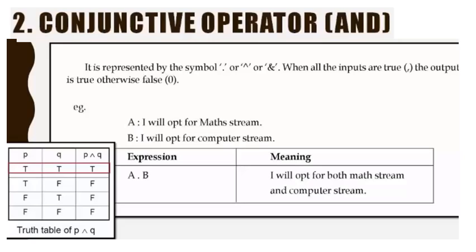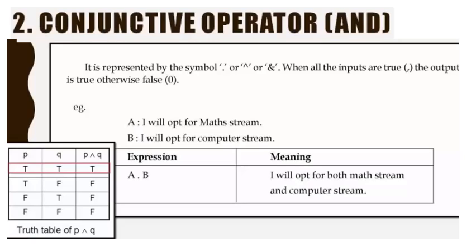Then the expression A dot B means I will opt for both maths stream and computer stream. The table given below reflects that the output is only true when all the inputs are true. Otherwise, the result is false.